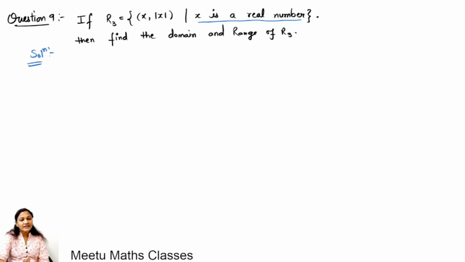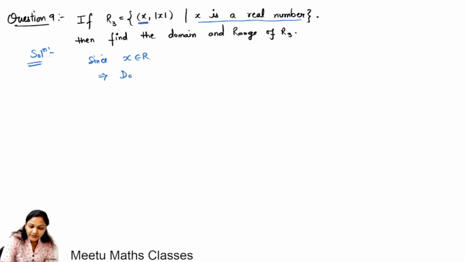The possible values of x will give you the domain. So since x is a real number, the domain of your relation R3 is the set of real numbers.